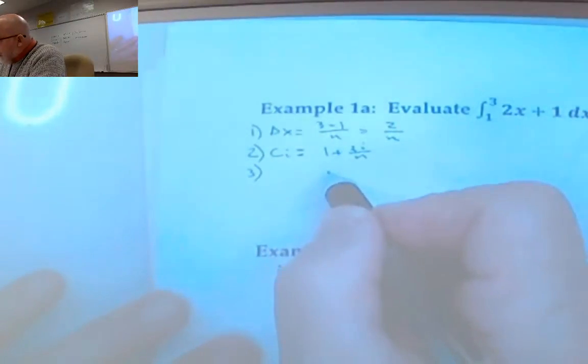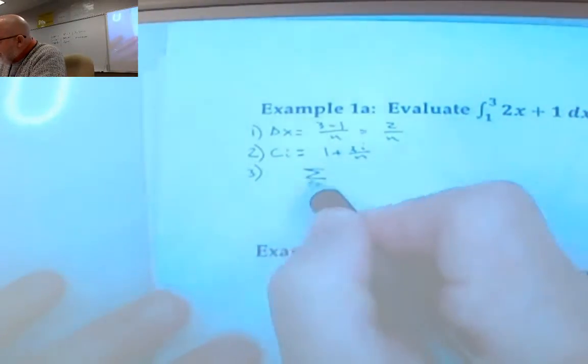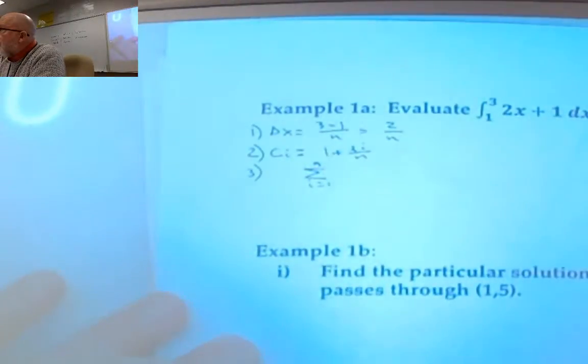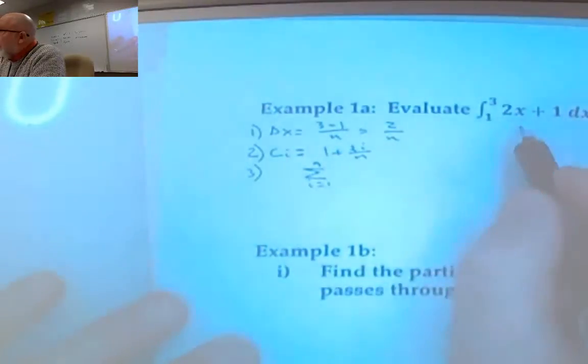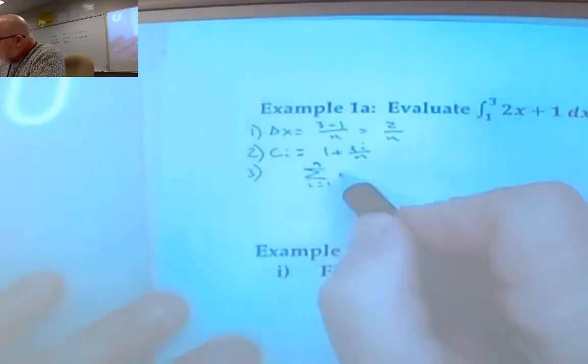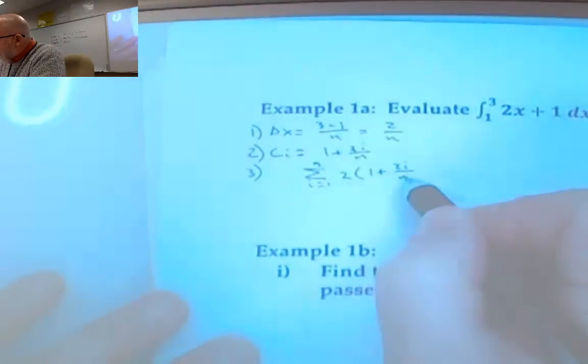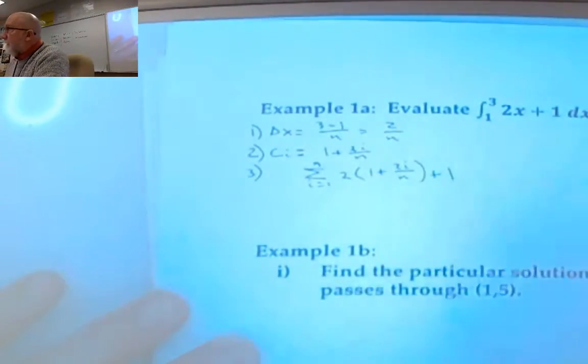Summation, okay. i equals 1 to n, right? What goes where? Into the function. So I'm going to have 2 times (1 plus 2i over n) plus 1. Would you agree with that?